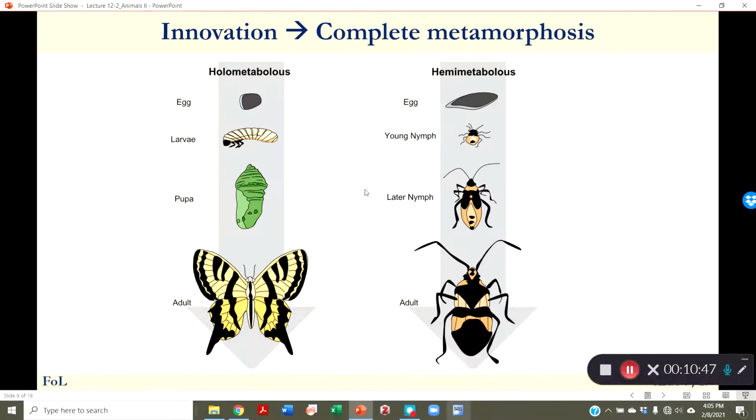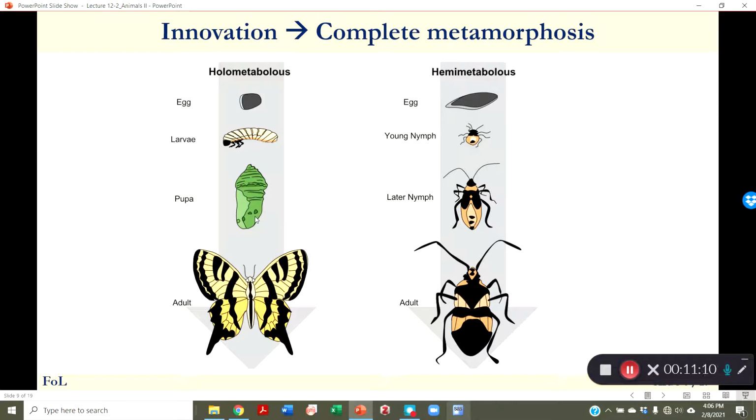Now, some of the most successful and most diverse groups of insects have holometabolous, or complete metamorphosis, where they hatch out into these larvae, and they go through multiple stages of larvae. They're called instars, and then pupate.